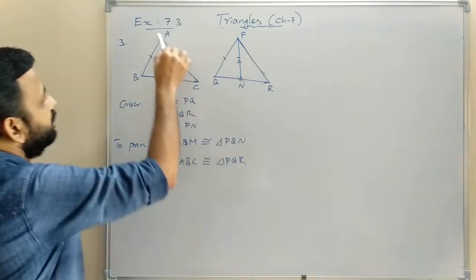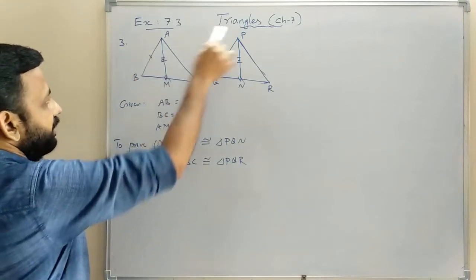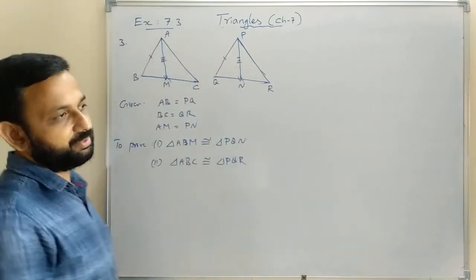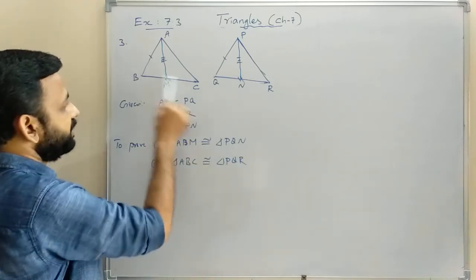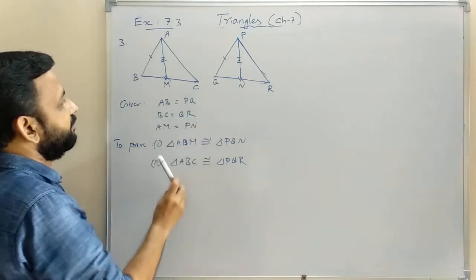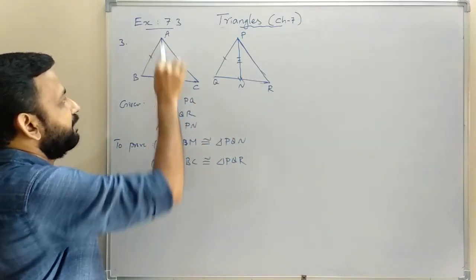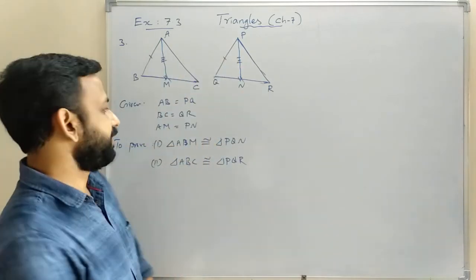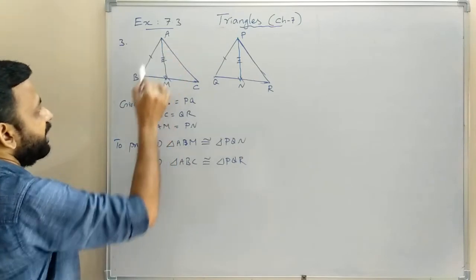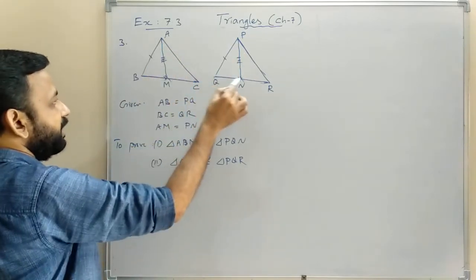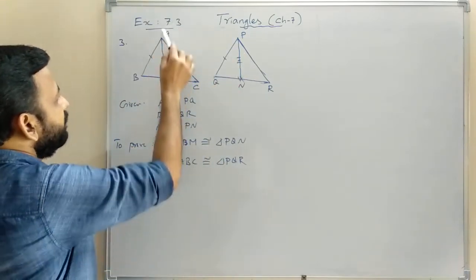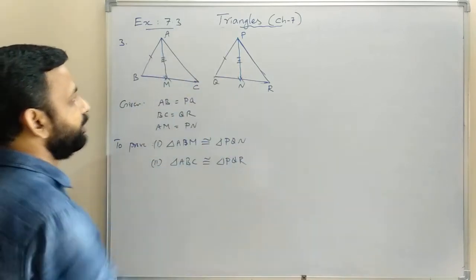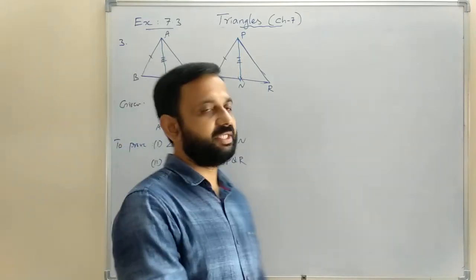So here AB equal to PQ, that is given. Then BC equal to QR, that is also given. Then AM equal to PN, the medians are equal, that is also given. First we have to prove triangle ABM congruent to triangle PQN. Then we will prove triangle ABC congruent to triangle PQR, that is our question.